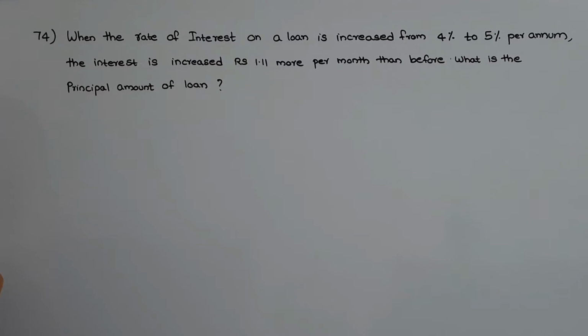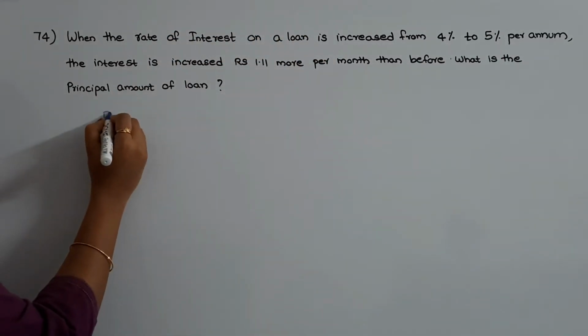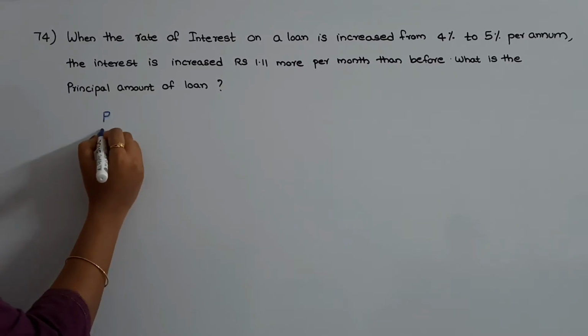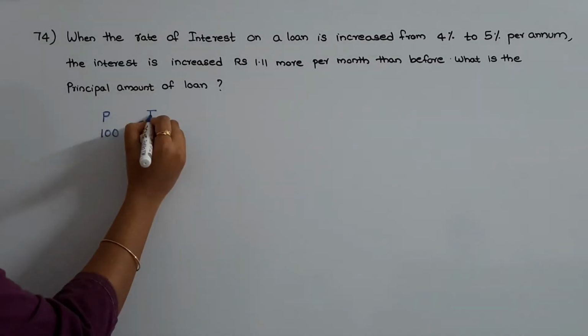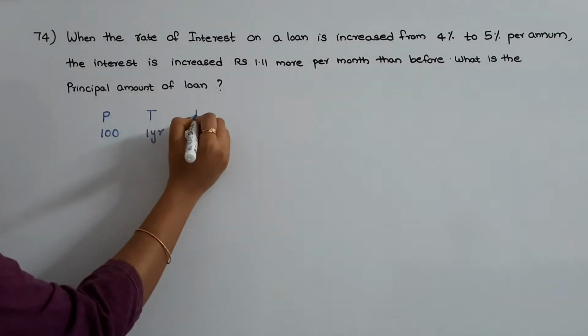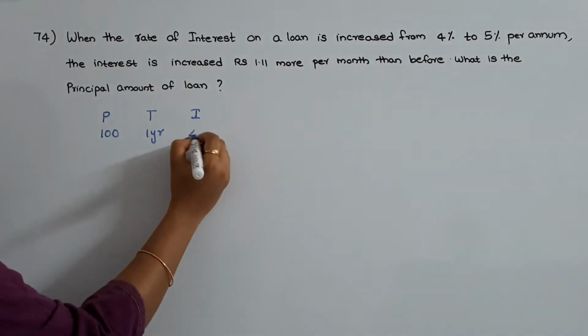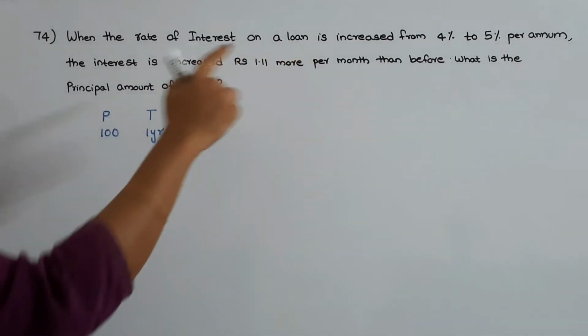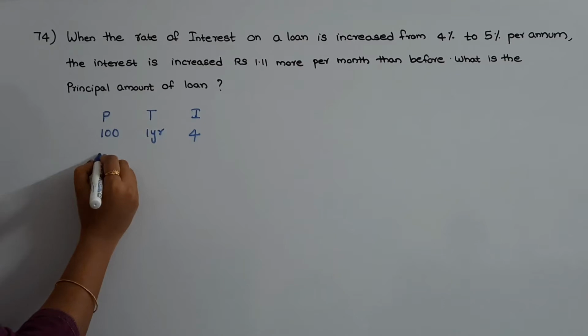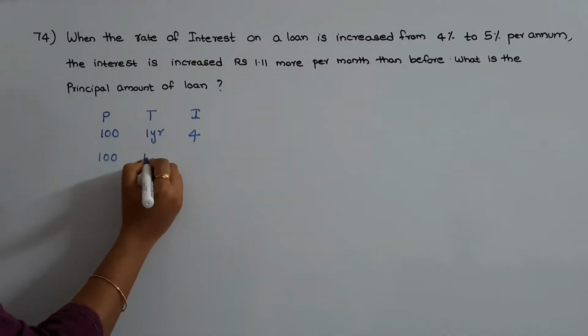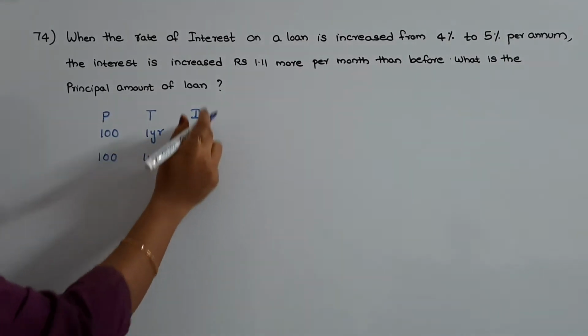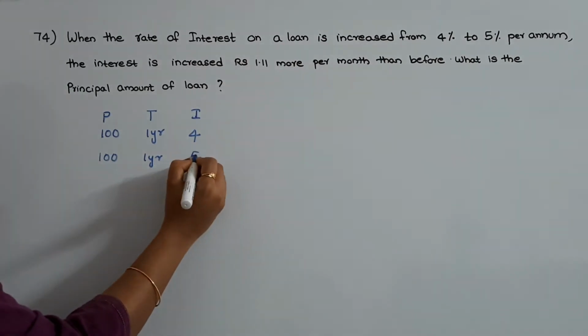So, let us write, when the rate of interest is 4%, how can we write? Principal will be 100, time period is 1 year, then interest will be equal to 4. Now, if the rate of interest is 5%, how can we write? Principal is 100, time period is 1 year, interest will be equal to 5.